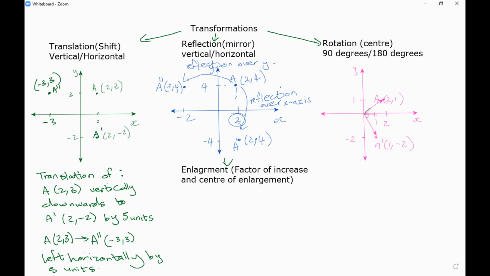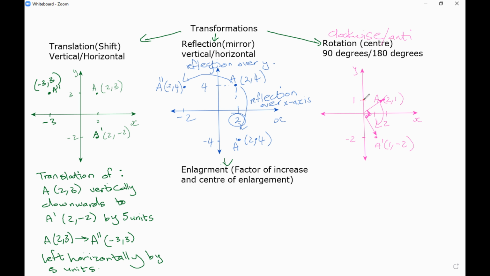If I go 1 to the right and 2 down, I end up making a perfect angle of 90 degrees. And this is your rotation. Now rotations can be either clockwise or anti-clockwise. If you go anti-clockwise, then it would look like this.